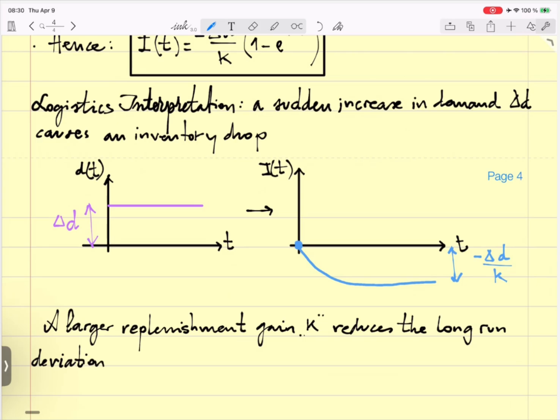If K is big, then minus delta D divided by K is small. Okay. So a larger K speeds up the correction.